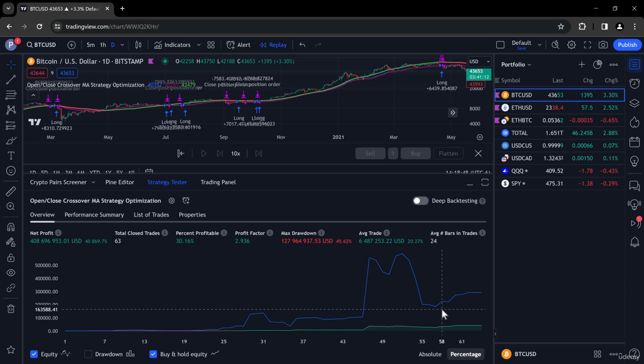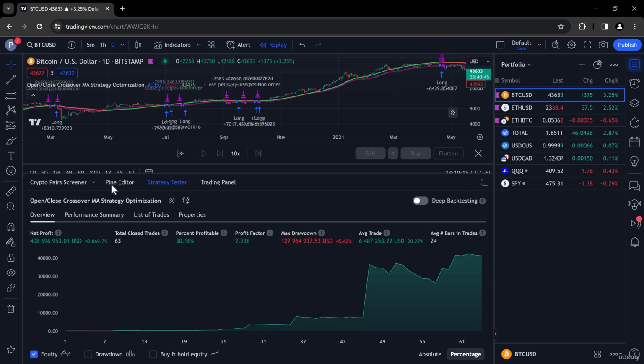Otherwise, if the net profit is essentially less than the buy and hold equity performance for this market, if it's too low compared to buy and hold, then it does not make sense to even trade. We better just buy and hold this market. So let's see if we can optimize these strategy parameters.